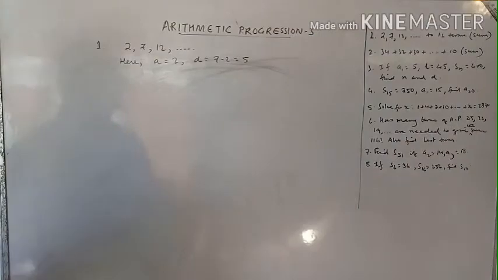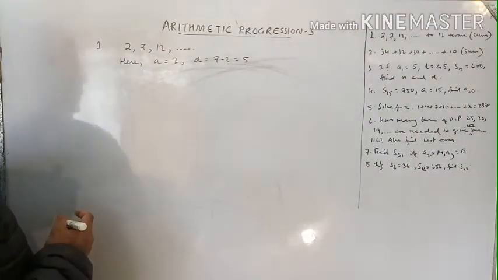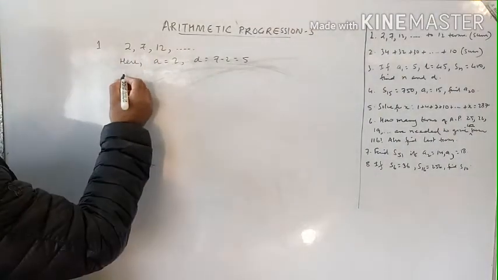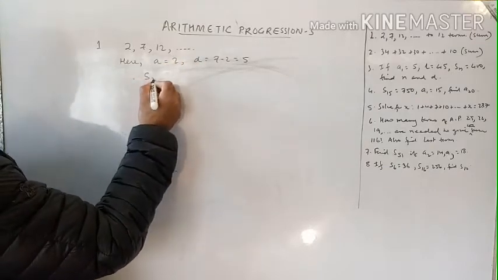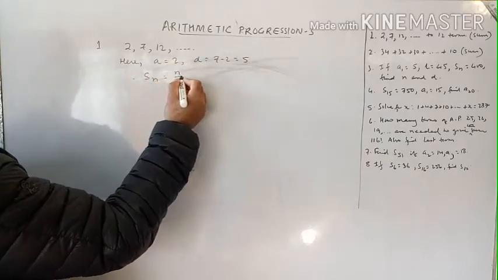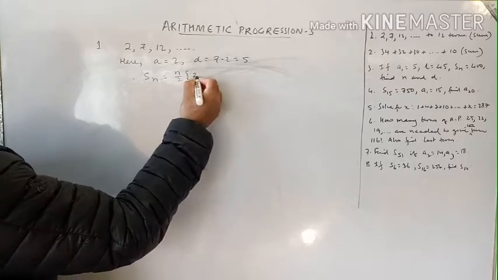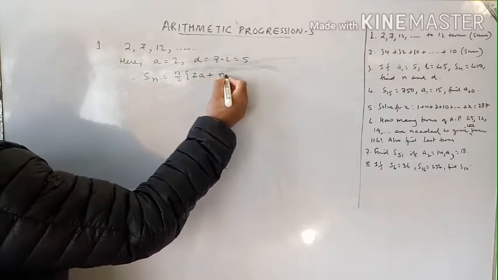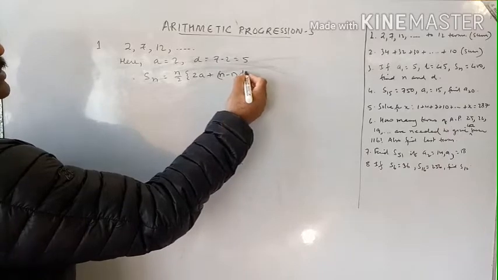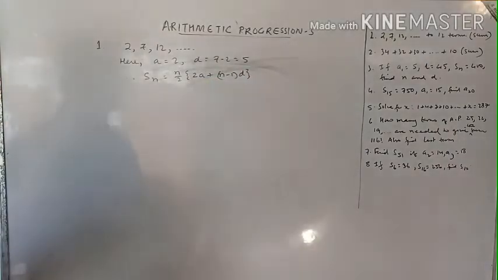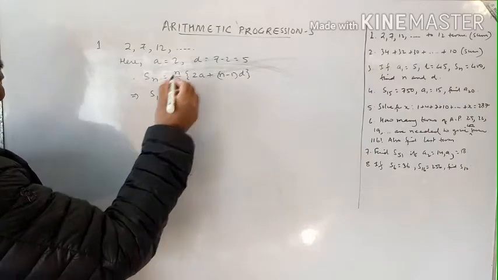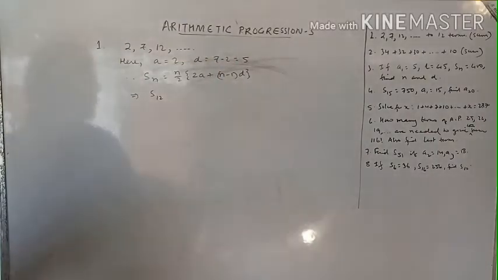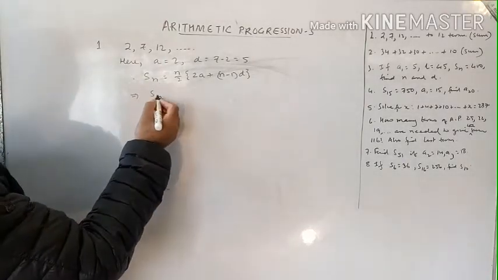So we have to find the sum of 12 terms, that means S12. Since we know n and d, we use this formula: Sn equals n by 2 into 2a plus n minus 1 into d. Remember, S12 represents the sum of 12 terms, so the value of n is 12.